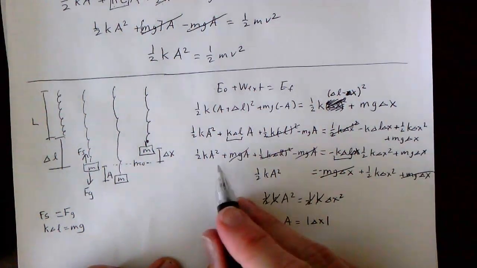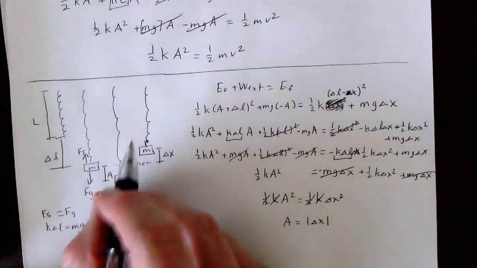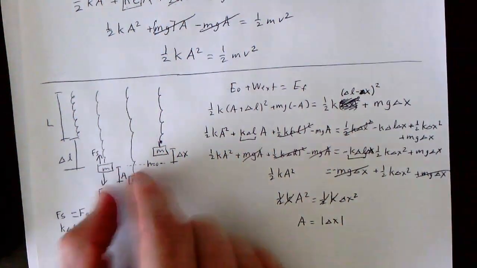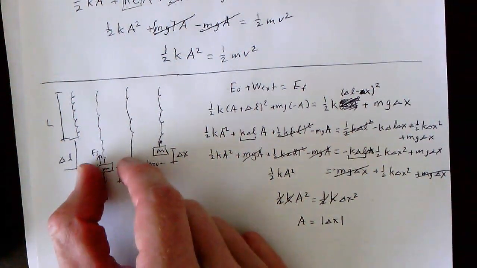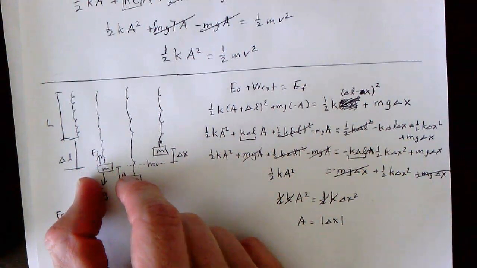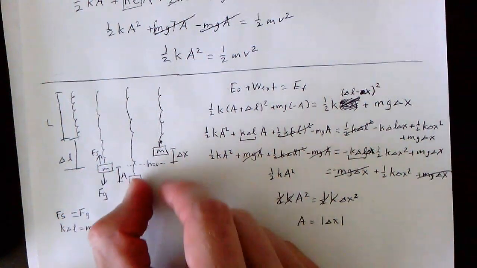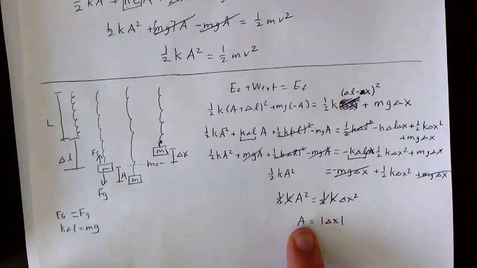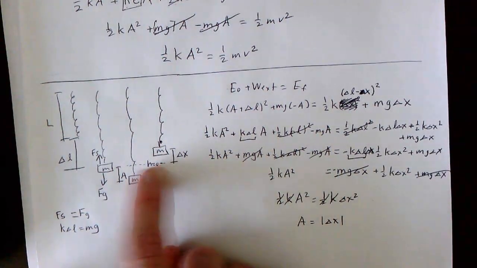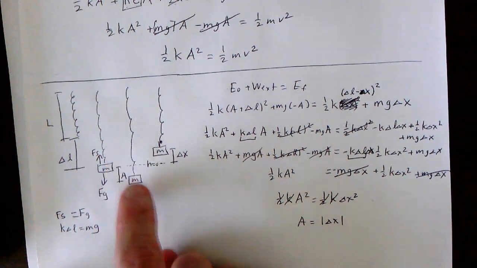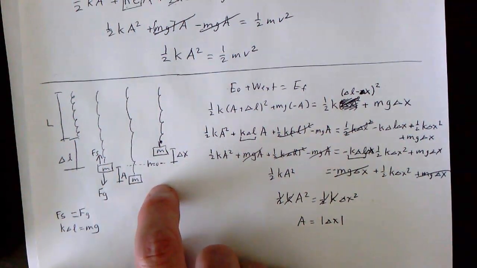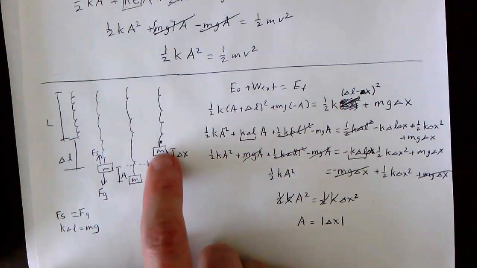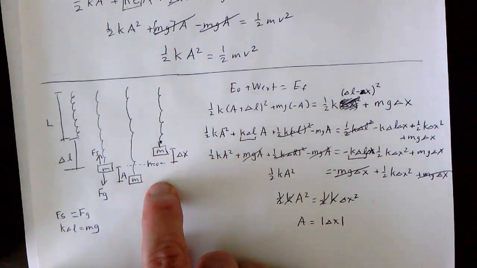But what we're proving here is that if I take a mass, and here's the relaxed length, here's the equilibrium position, and I pull it down just a tiny bit to this spot here and let go, it's going to shoot up to some height. And we just showed that that height is actually the same height above the equilibrium position as it was below. So this thing is going to oscillate back and forth with an amplitude above the equilibrium position the same as the amplitude below it.